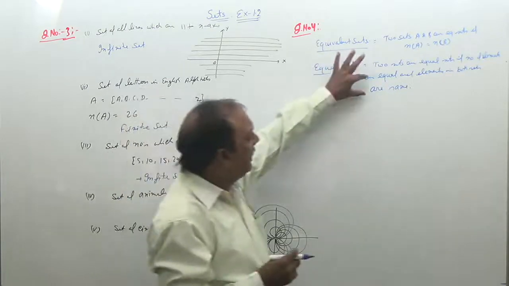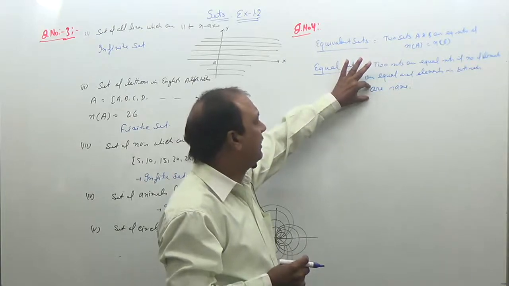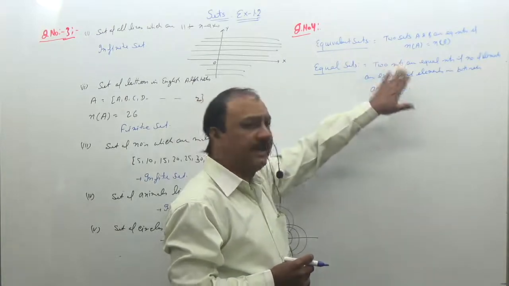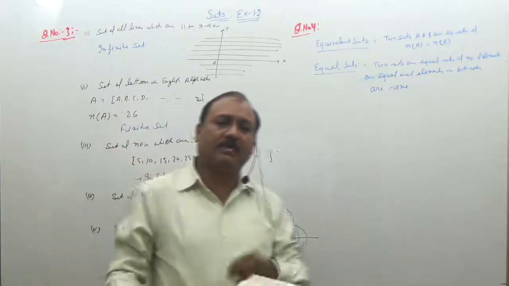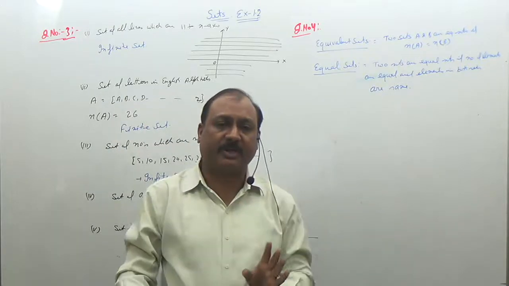There is one additional condition, that every element of set A should also be a member of set B, and all elements of set B should be members of set A.